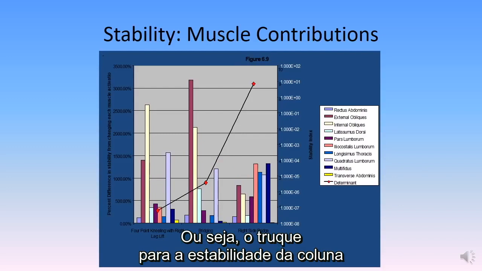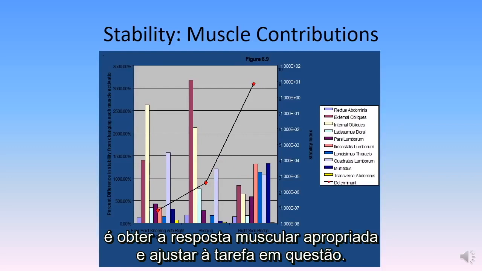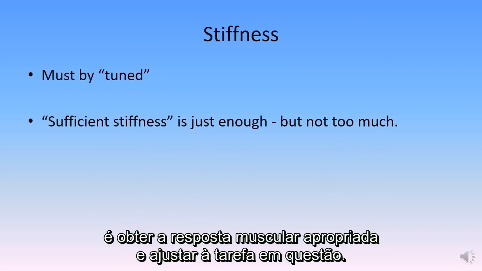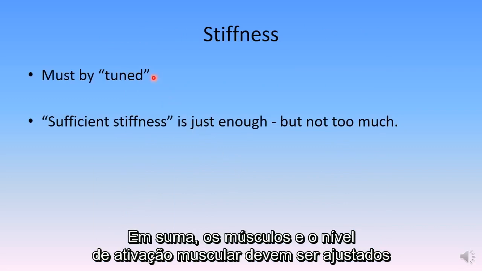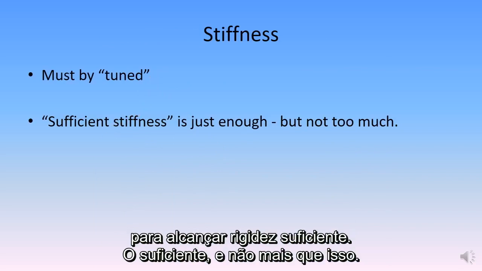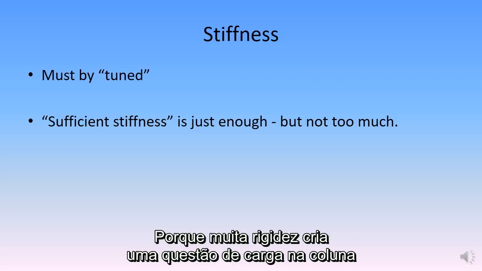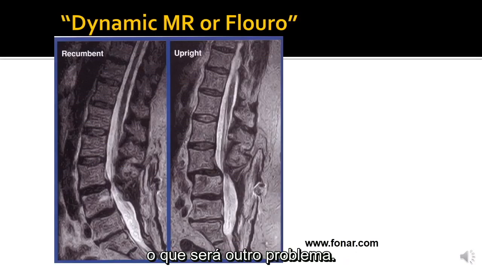So the trick to spine stability is to get the muscular response appropriate and tuned for that particular task. So in summary, the muscles and their activation level must be tuned to achieve sufficient stiffness, which is just enough but not too much, because too much stiffness creates a load penalty to the spine and a different problem.